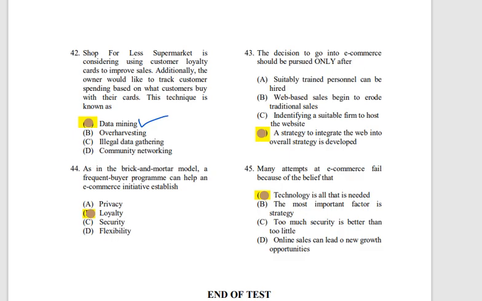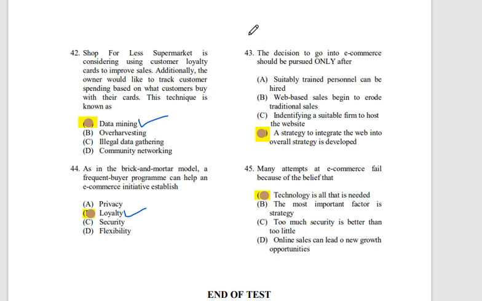44 says, as in the brick and mortar model, a frequent buyer program can help an e-commerce initiative to establish that speed.